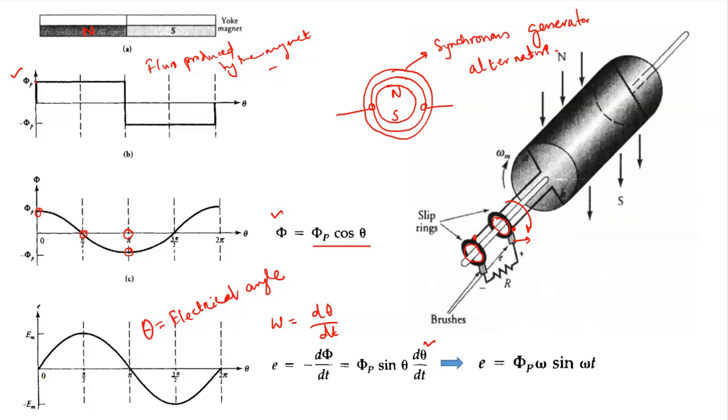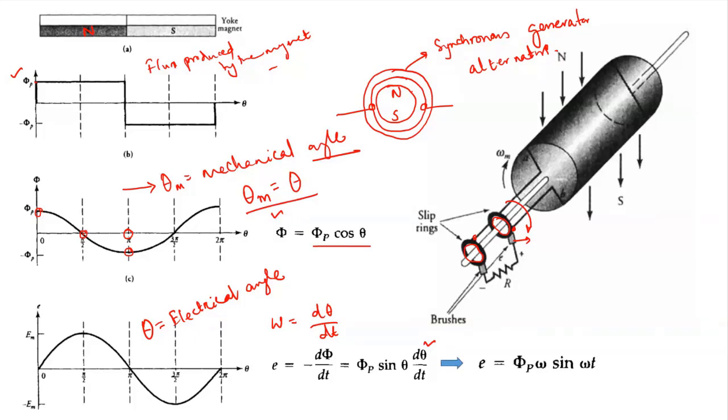We call this the electrical angle when the angle is measured in the induced EMF. And when we measure the angle in the machine itself, we call it the mechanical angle, which we represent as theta m. In this case, theta m is equal to theta, that means the mechanical angle is equal to the electrical angle.